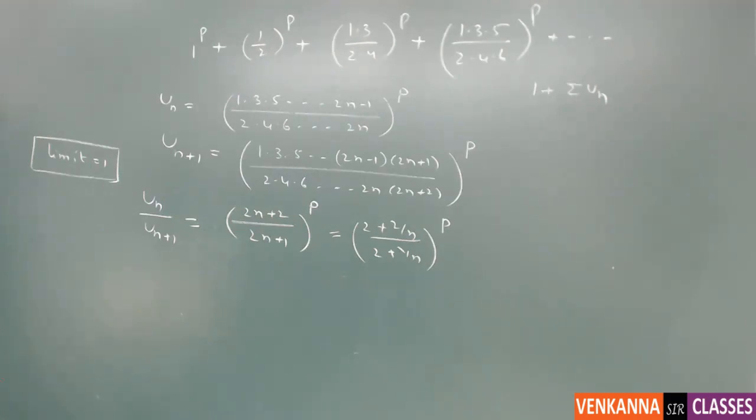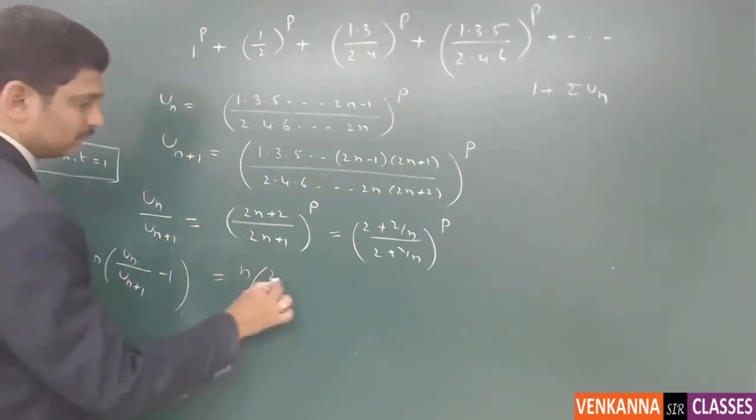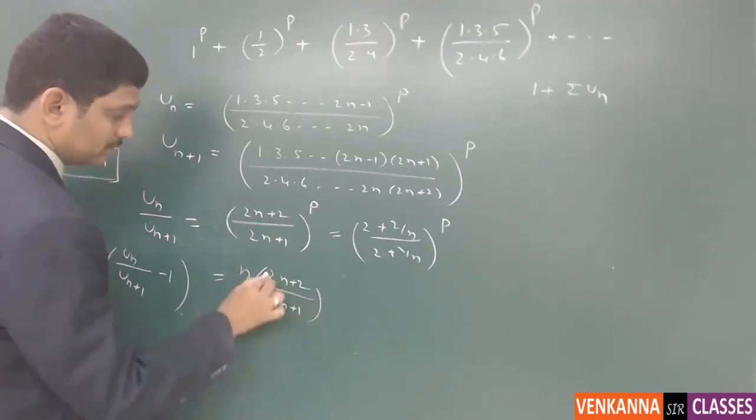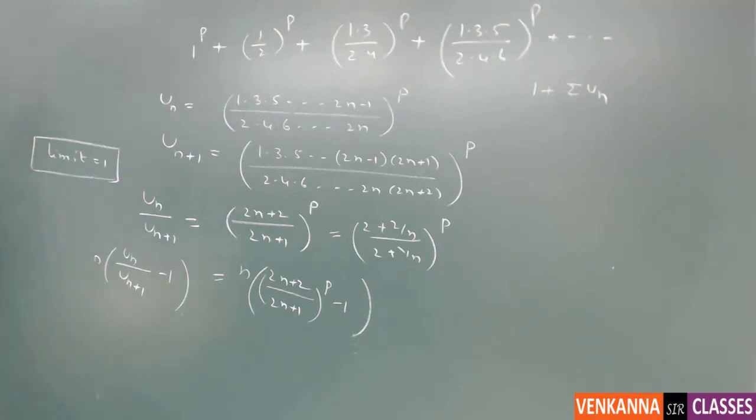Now, since the ratio test is failed, we are going to apply Raabe's test here, right? So if you write the condition of Raabe's test, this was the condition, isn't it? Now, is it possible to simplify that?